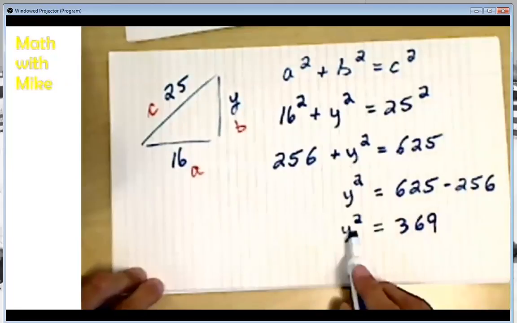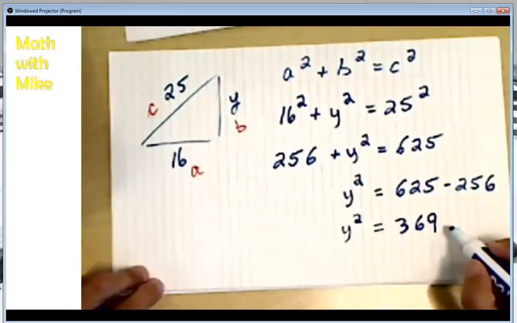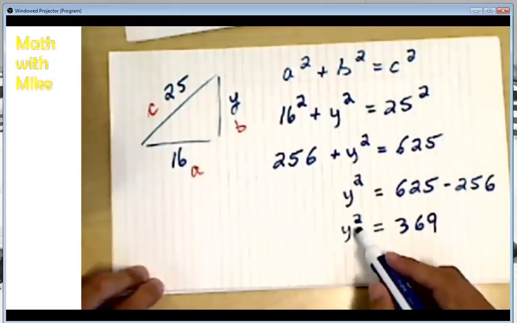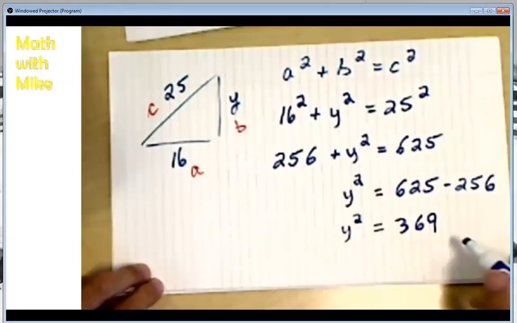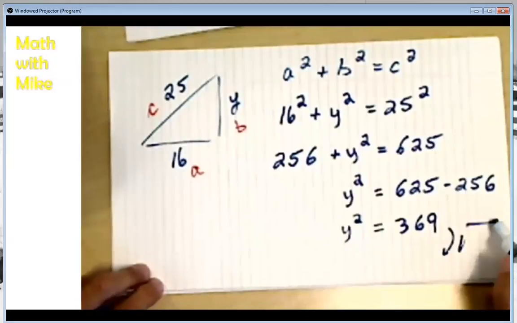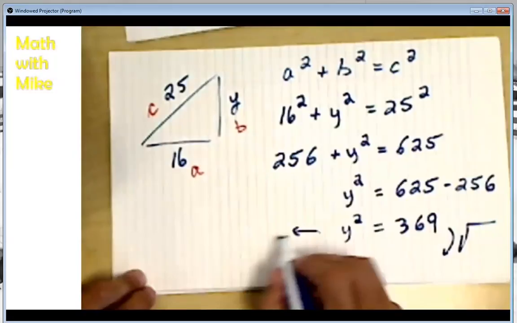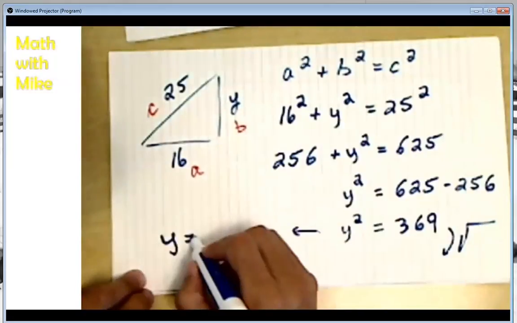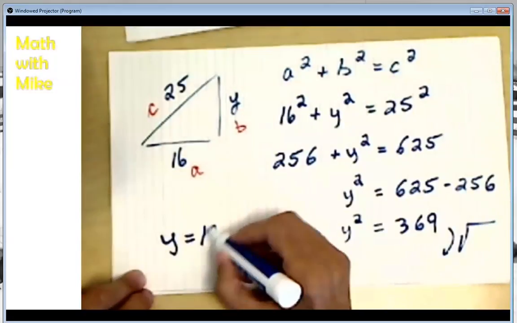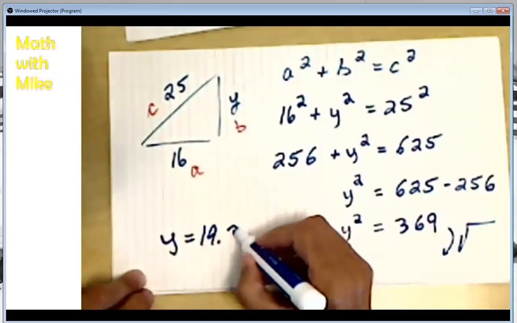And then to get rid of the square, what do we do? Square root both sides. So you do that in your calculator, and you get an answer of y is equal to 19.2.